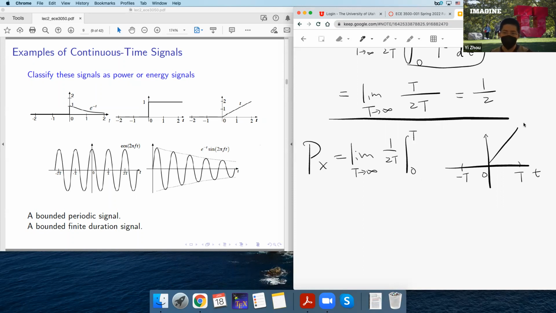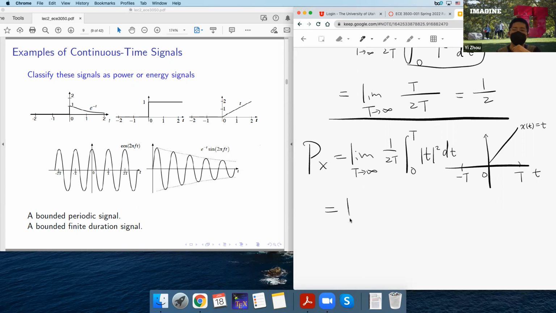And this line equation is x(t) equal to t. So we are looking at t squared dt. The signal is t, so t to the power of 2 dt.